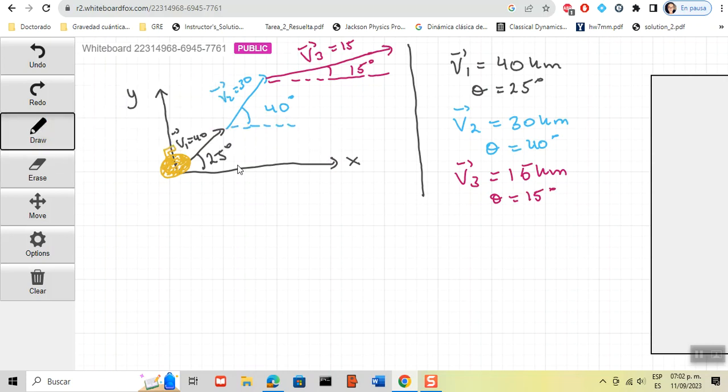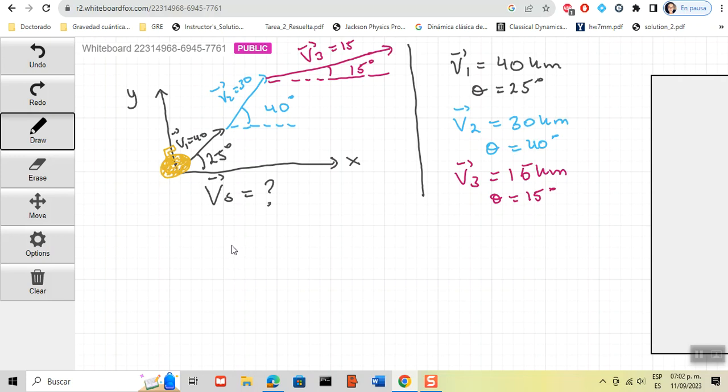And the problem is asking: what is the resulting vector of displacement for the submarine? So let's write it down as the vector for the submarine. We have to know that now. So that's going to be interesting, okay?